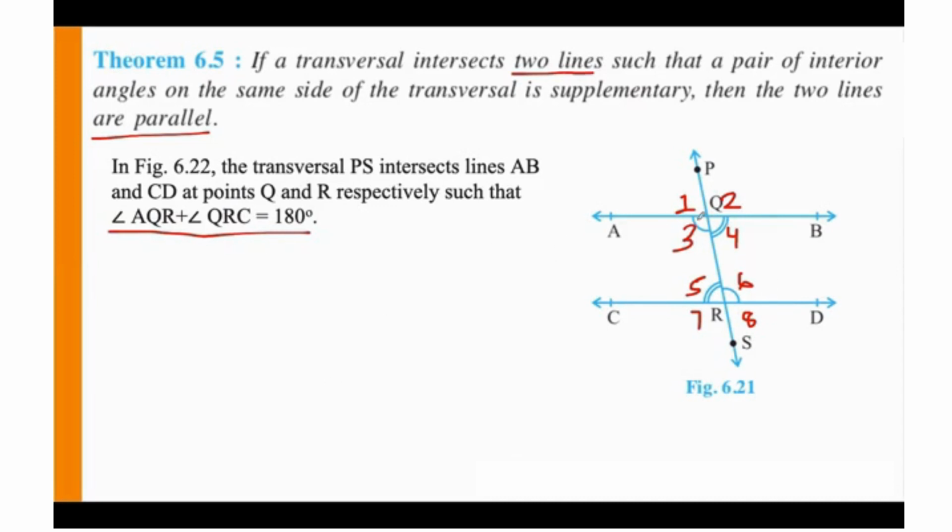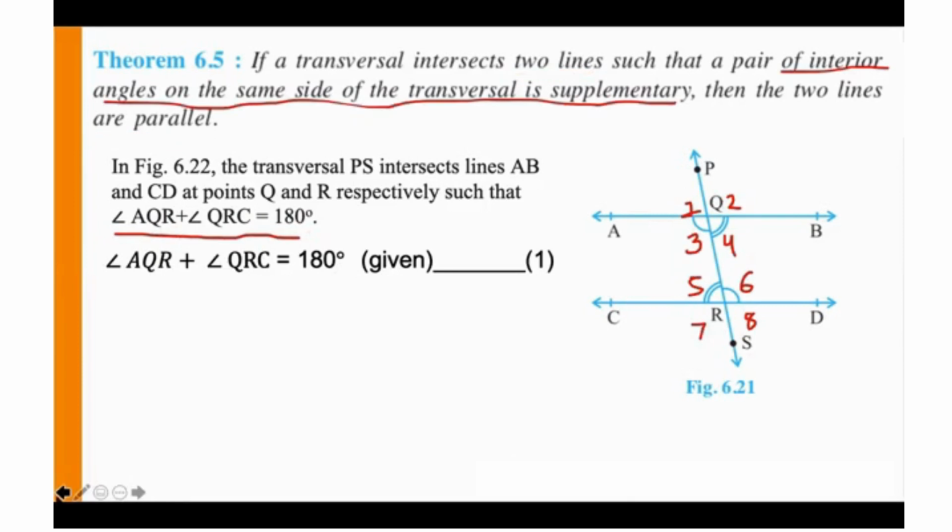So how do we prove this? We will begin with what is given to us, that angle AQR plus angle QRC is equal to 180 degrees. So angle 3 plus angle 5 is equal to 180 degrees. But we have to prove that AB is parallel to CD.